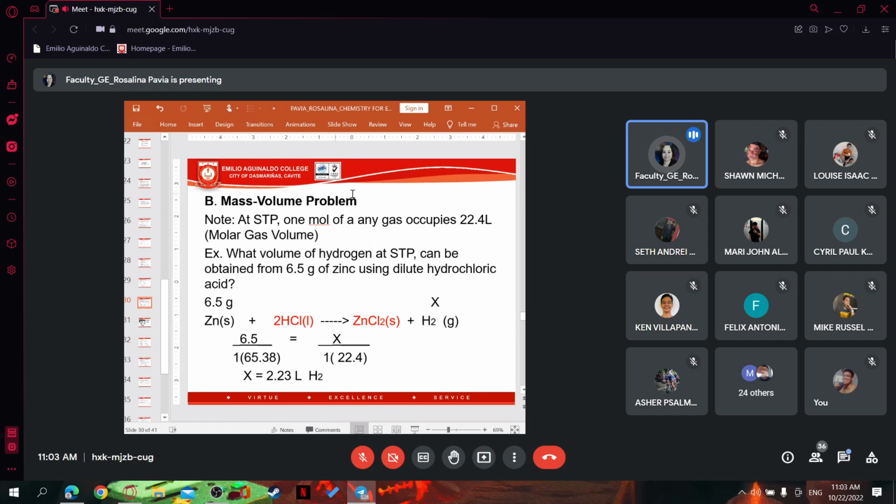Next, mass volume problem. Okay, mass volume naman tayo. At STP, ano ulit ang STP? Can you remember what STP is? Class, ano na yung STP?